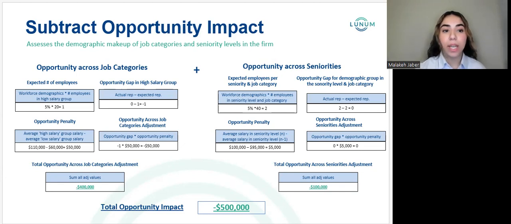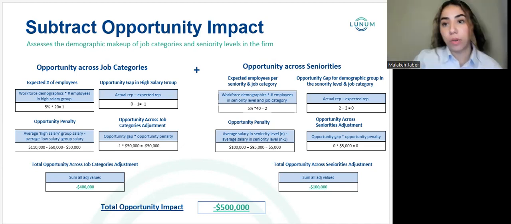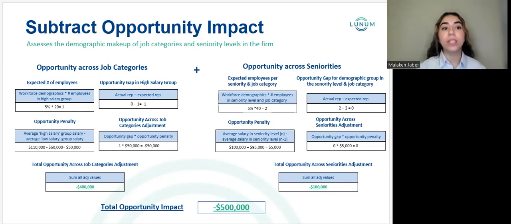The first step in calculating opportunity across job categories. Again, we're assessing the diversity within various job categories within the firm. So the first step is to calculate the expected number of employees. We're able to reach this figure by taking a look at the workforce demographics, so the percentage representation for that demographic group within the firm.